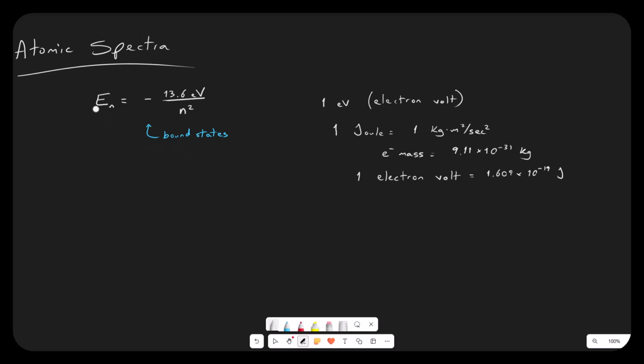We get that this energy drops off with n squared, meaning our n equals 1 level, we get an energy of negative 13.6 eV. Our n equals 2 level, we get an energy of negative 3.4 eV. I'm going to just write out a few of these.